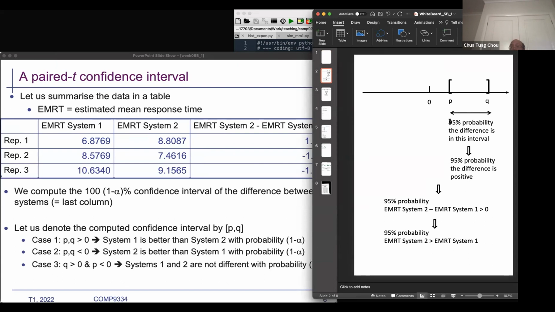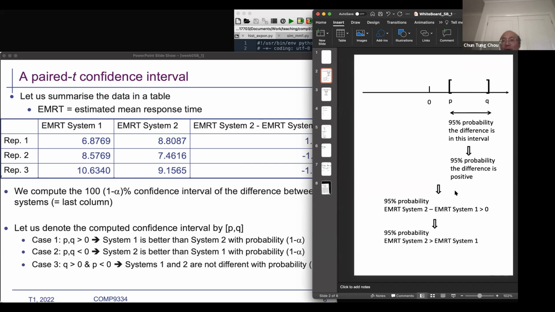Now, what does a confidence interval mean? It means there is a 95% probability that the difference of the mean response times of the two systems is in this interval. If you look at this interval, it is always positive because both P and Q are positive. So there is a 95% probability that the difference is actually positive.